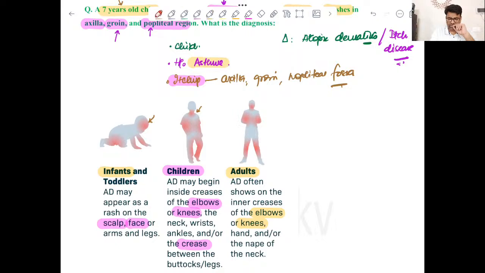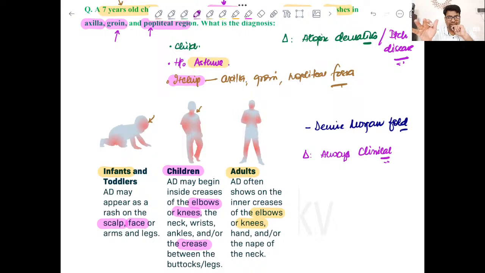Now apart from this, there might be some other features, like you might see a Dennie-Morgan fold. There is an additional fold of skin beneath the lower eyelid. Then the diagnosis is always clinical, right? For atopic dermatitis, the diagnosis is always clinical.